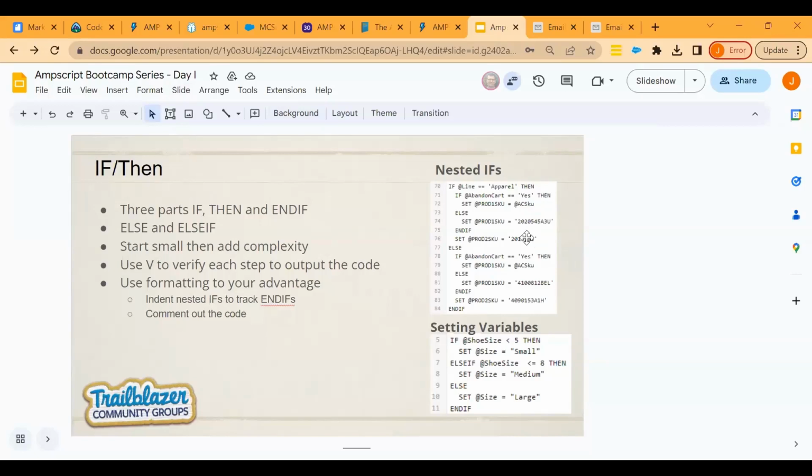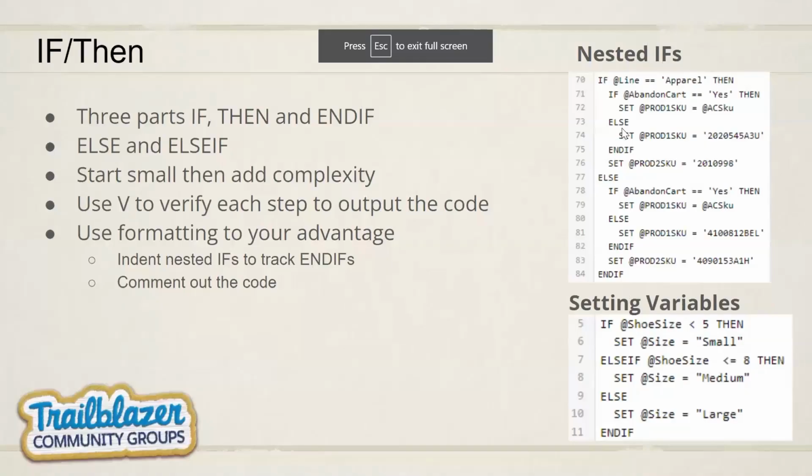As you see here in the right example, we have here if at line. At line is the variable that we have declared, and we are using the operator equals equals. If the variable contains the value apparel, and if it equals the string which is given here, then execute some set of code. So we'll get to this code later, but then execute some set of code. If not, else execute some other set of code, and then end if.